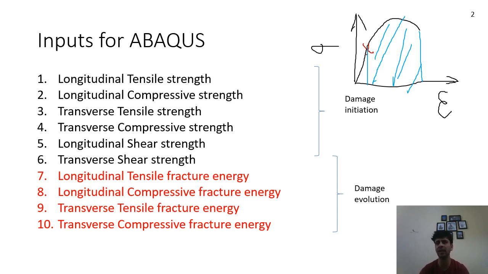You start with a guess value, that the longitudinal tensile fracture energy, for example, is 90% of the total area below the stress strain curve. And then you do some hit and trial to get the 4 numbers that you need for the damage evolution. Also note that these 10 properties will have to be input when you are building your finite element model and describing your material properties.